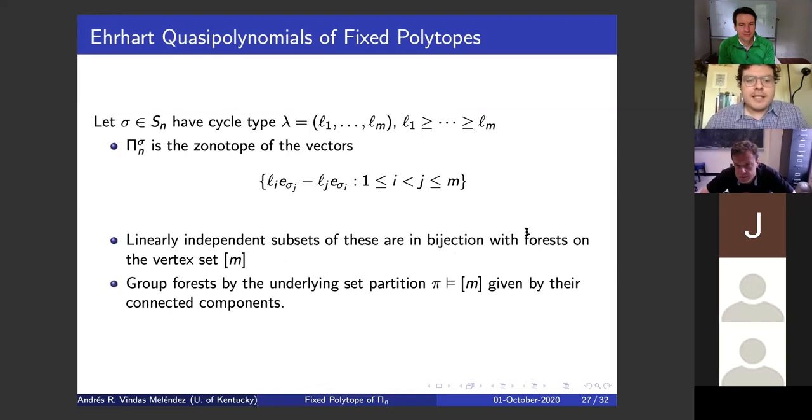These linearly independent subsets are in bijection with the forests of the vertex set. And so for some of these things, to figure out the volume, we needed to choose a graph where we can think about grouping the vertices. And so in the paper, I think we might have used the claw graph.